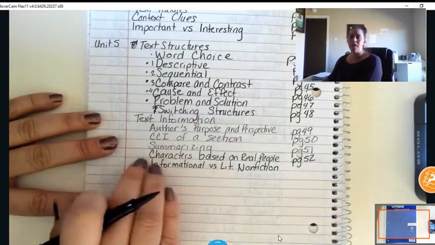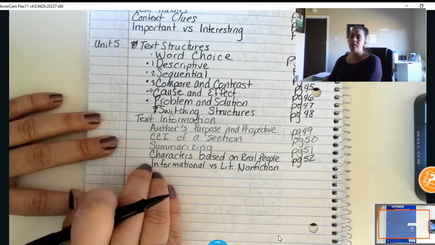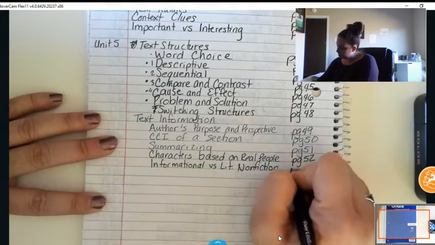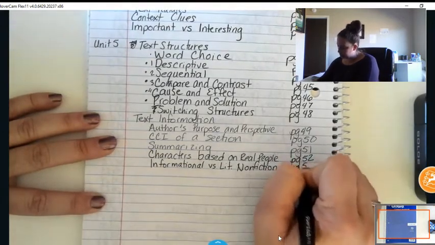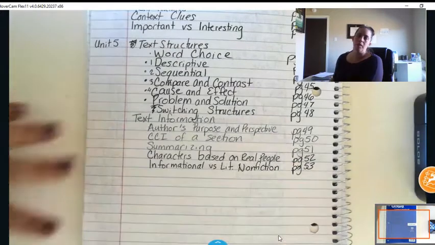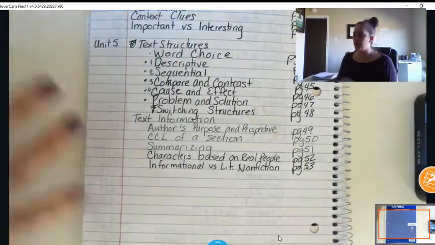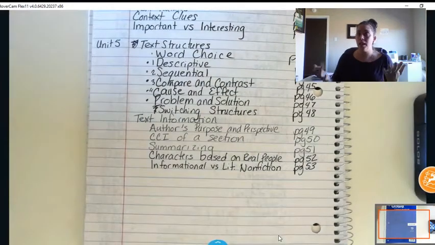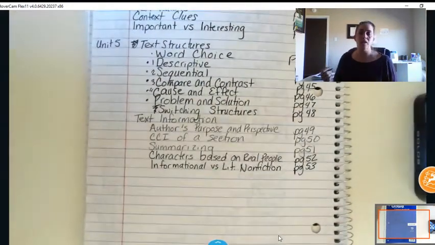So it's going to go summarizing, informational versus literary nonfiction, and then characters based on real people for you guys. And this is going to be a different page number for you as well. But go ahead and write that down in your table of contents. That way you have an idea of where it's at and what order everything is going in.